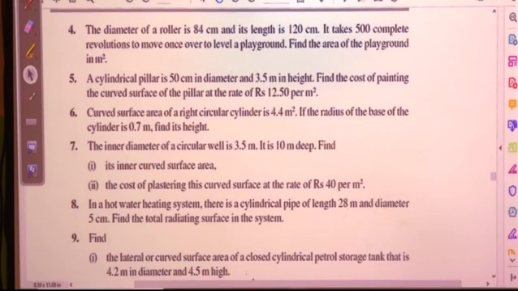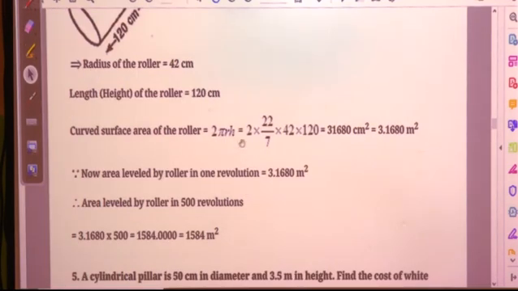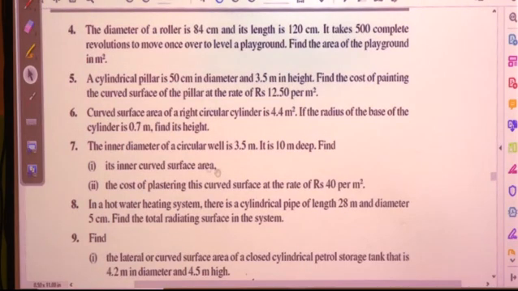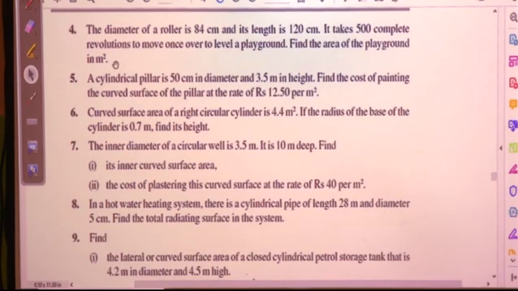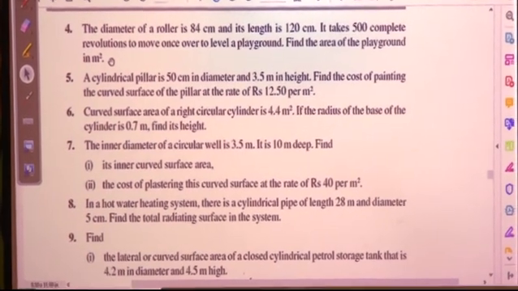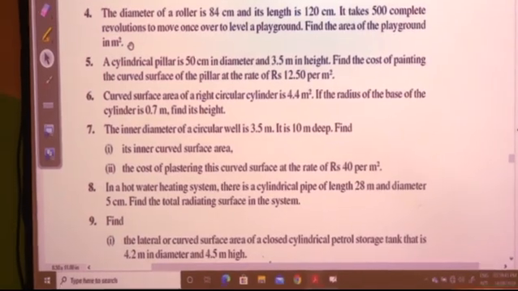Hence, once the area is calculated, it is multiplied by 500 and we get the total area of the playground, 1584 meter square. Oh no, sorry, only the area of the playground is asked. So, here we have completed the fourth question.